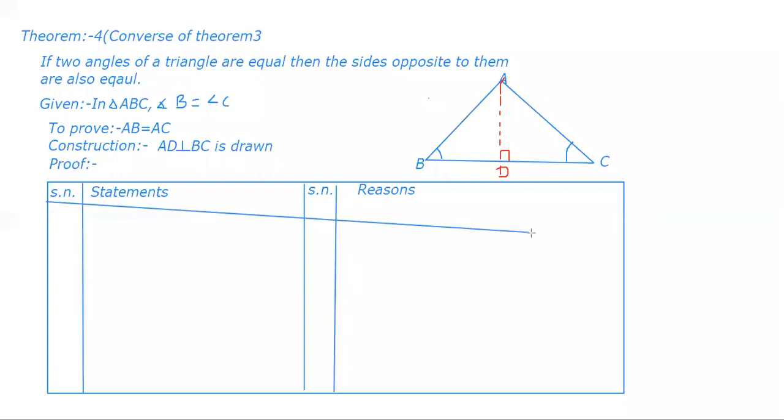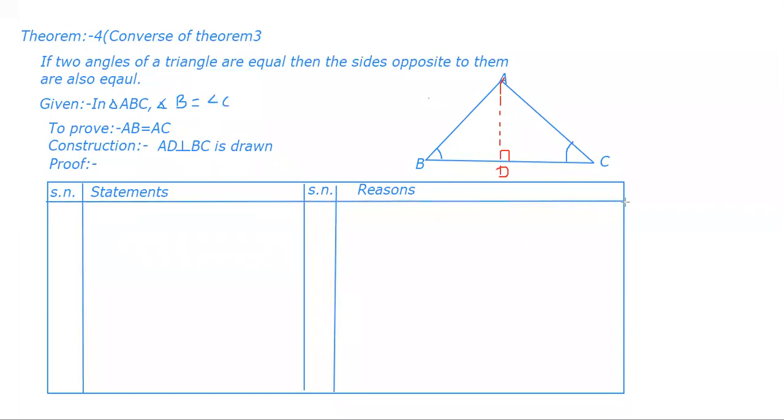For that, one imaginary line AD is drawn, which is perpendicular to BC. Now, let's prove these two triangles are congruent.